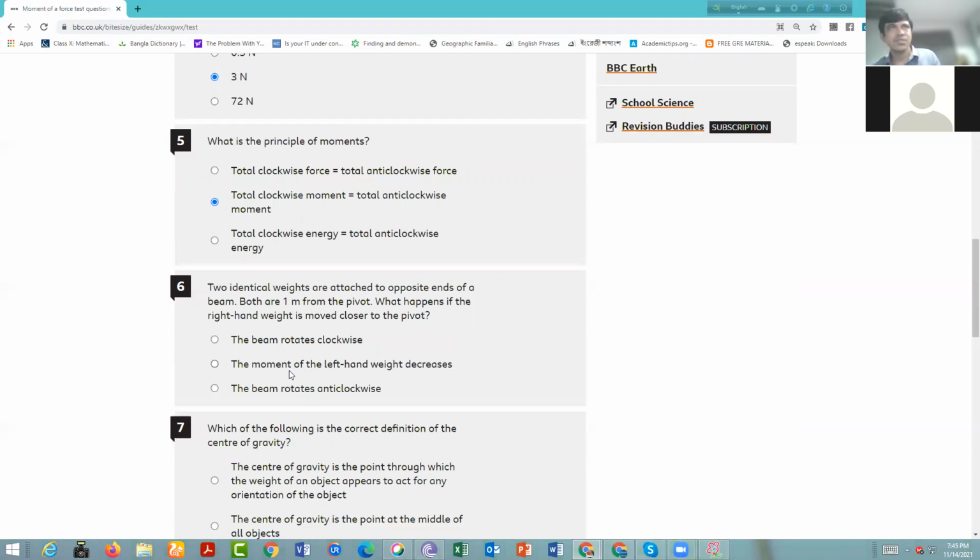If it is closer to the pivot, I just explained a few seconds before, the beam rotates clockwise. The beam rotates clockwise.